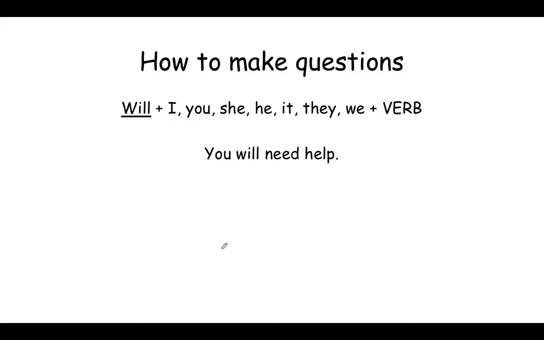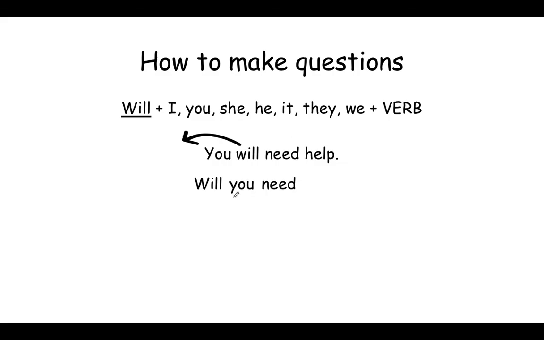So now we're going to talk about how to make questions with the future tense will. All we have to do is, like all of the questions we've learned before, will comes at the beginning, then our subject, I, you, she, he, it, they, we, and then the simple present tense of the verb. We have a sentence here. You will need help. We need to put will at the beginning.